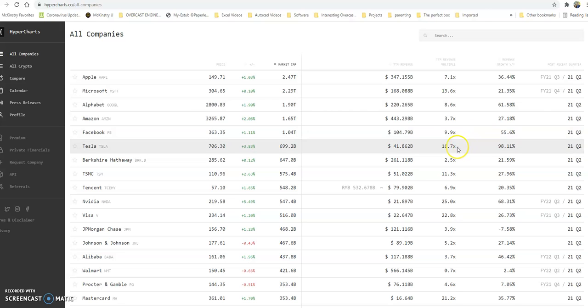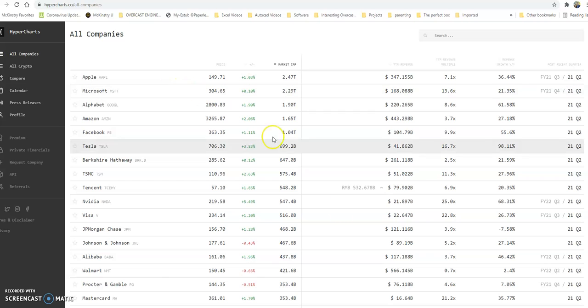It's a combination of the multiple the market is giving it and how fast it's growing. This is not a hard and fast number. It's a changing number based on the market and interest rates. There's a lot that goes into it, but an interesting thing to do is compare how this growth over last year compares to their revenue multiple.